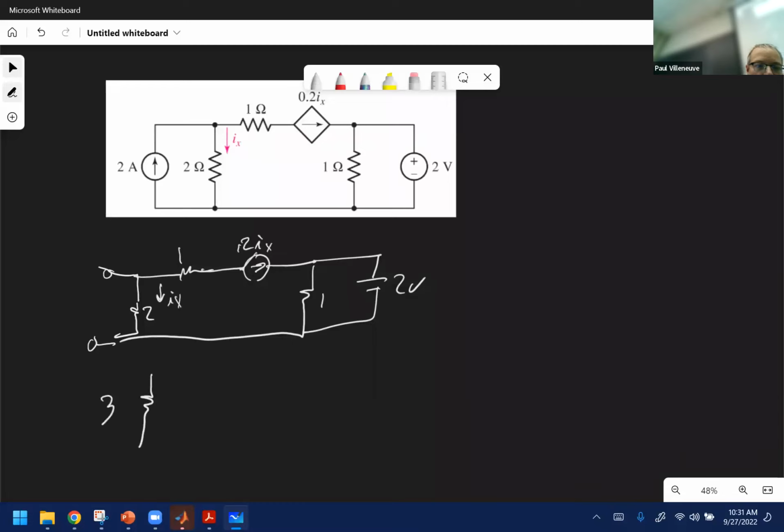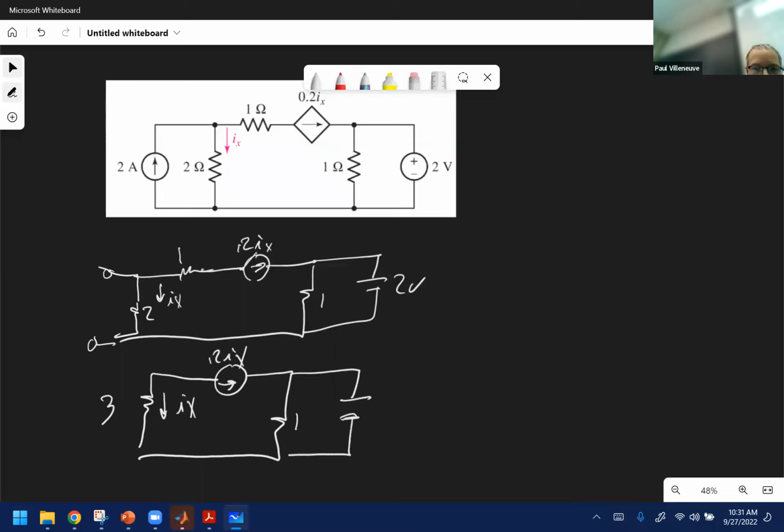This is 3 ohms, and this is the same current IX flowing through here, 0.2 IX, and 1, and 2 volts. So it just might be better to figure out if there's a simpler way to do it.